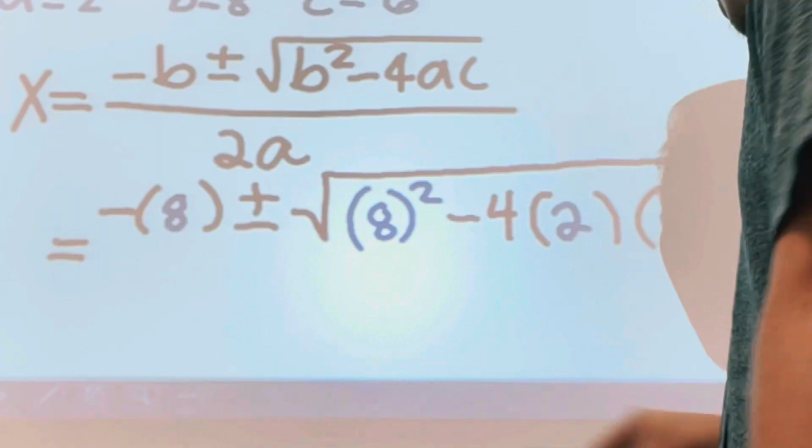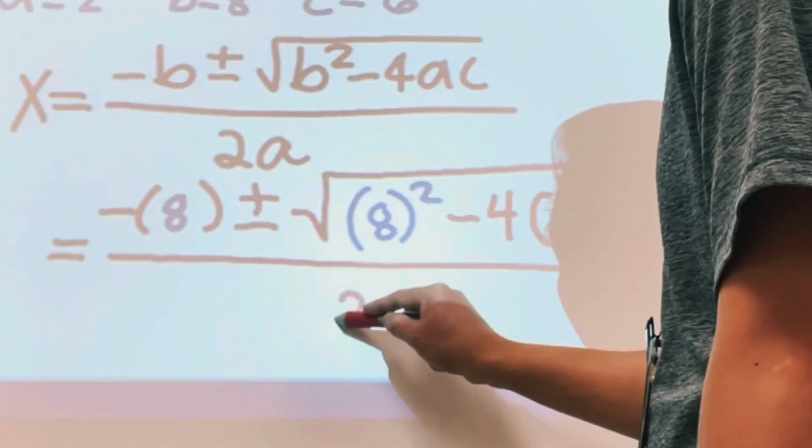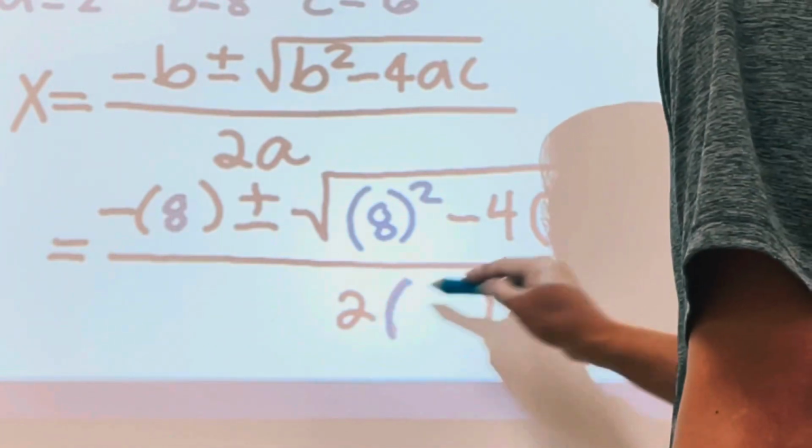And then everything will be divided by 2a, 2 times the value of a.